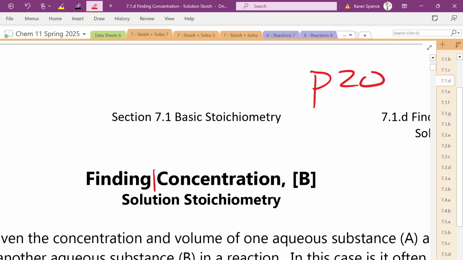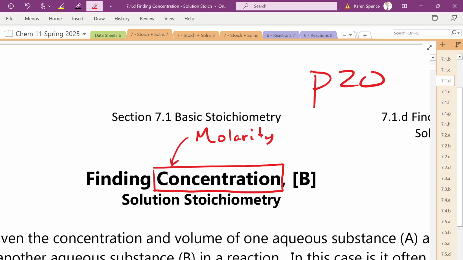When we say concentration, we mean the molarity, which is also known as the molar concentration. And we represent this by putting square brackets.